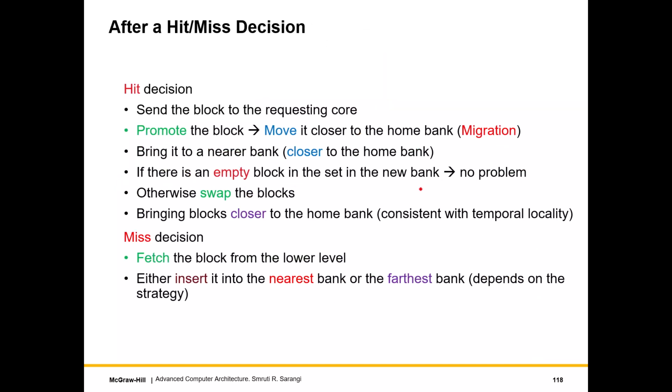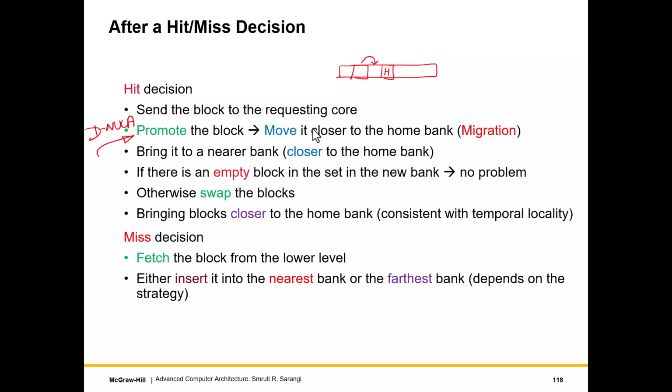So after a hit miss detection, if there is a hit decision, then we send the block to the requesting core. So here is the D-NUCA nest, the dynamic nest of the scheme, right, D-NUCA, which is that we promote the block. So once a block, let's say, was found somewhere, so let's say that regardless of the search strategy, this is the home bank, and let's say the block was found over here, then what we do is we essentially promote the block, in the sense we move it closer to the home bank, or maybe to the home bank itself.